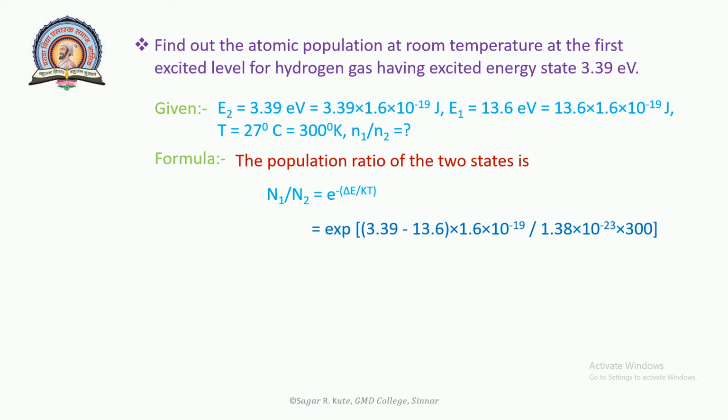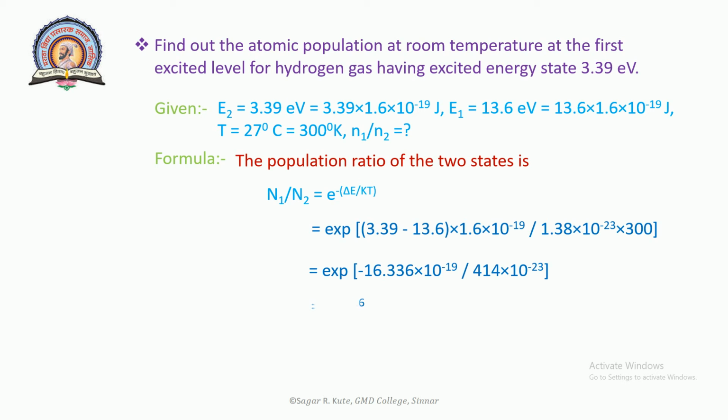Now put this value: exponential of (3.39 minus 13.6) into 1.6 into 10 raised to minus 19 upon 1.38 into 10 raised to minus 23 into temperature 300. Now solve this equation, we get exponential of minus 16.336 into 10 raised to minus 19 upon 414 into 10 raised to minus 23.